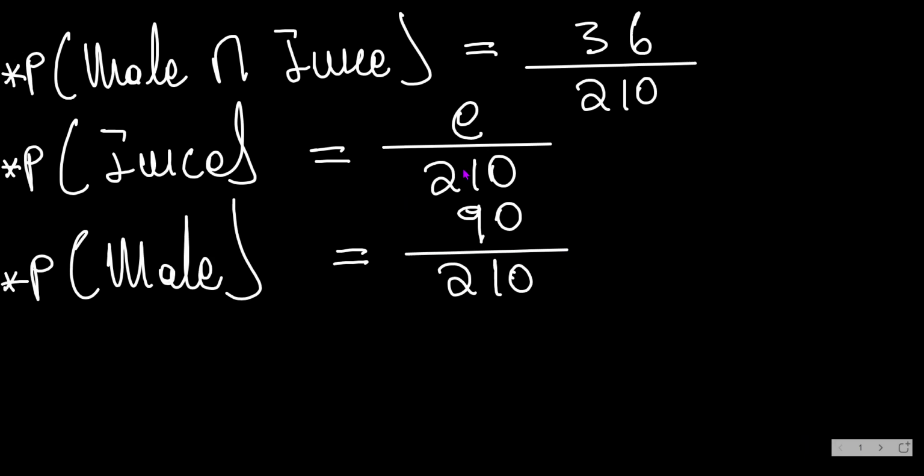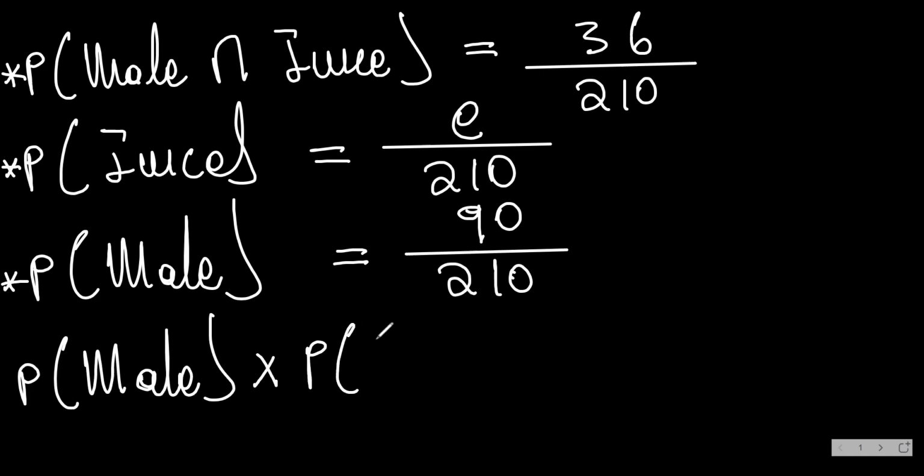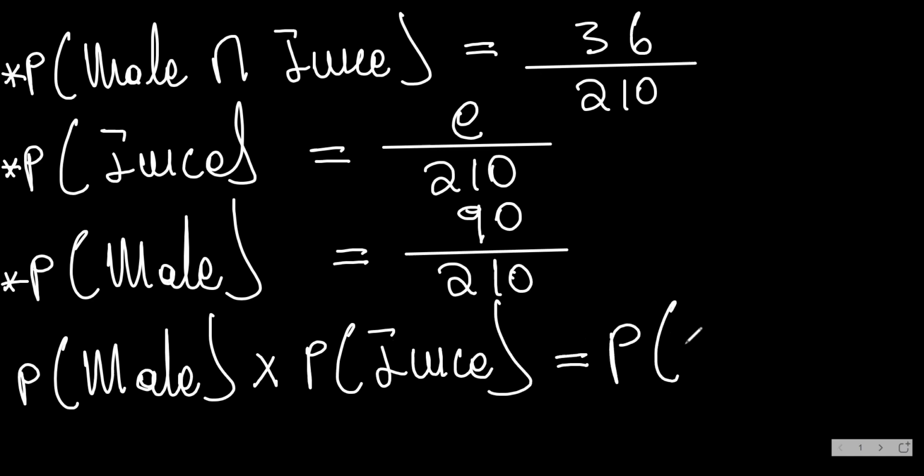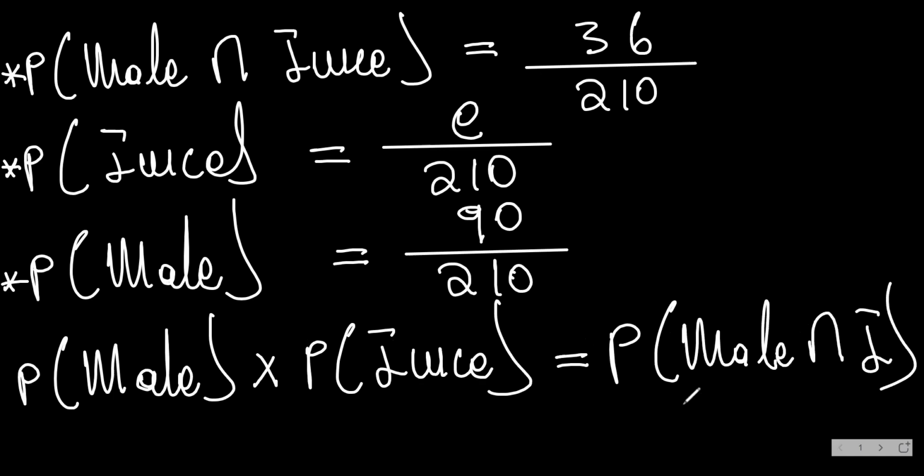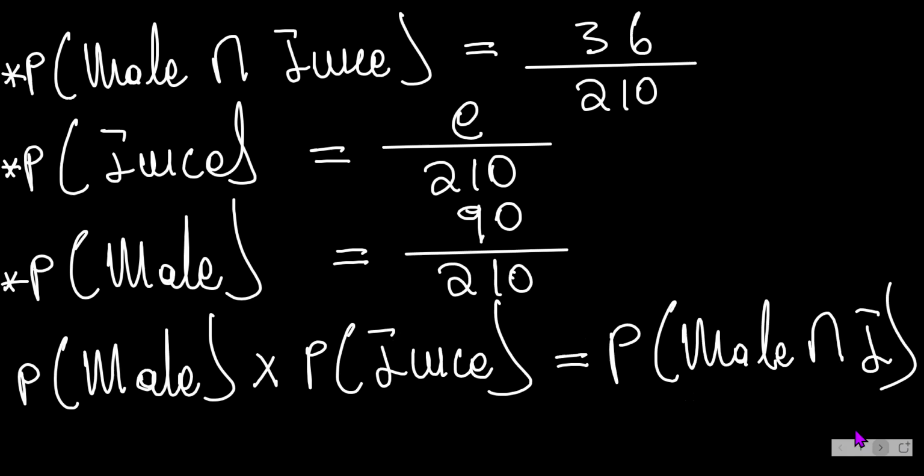If two events are independent, it means that when you take the probability that a learner is male and multiply it by the probability that this male prefers juice, you will get the probability of male and juice. Now, what's the probability of male? We said it's 90 over 210.